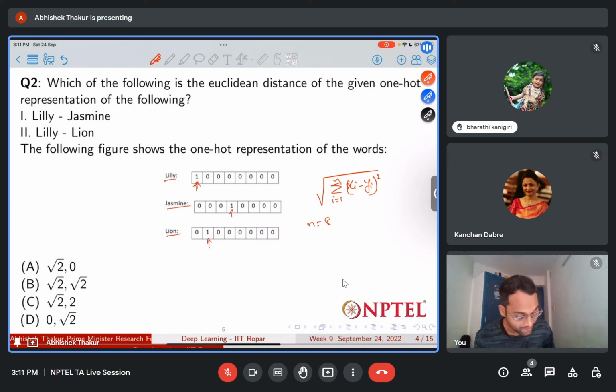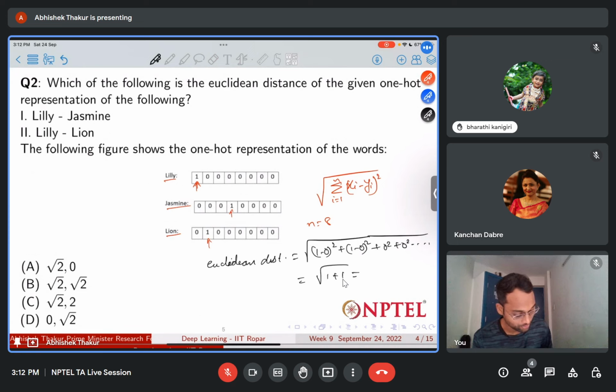So how many times will this 1 minus 0 come? Only two times. So the Euclidean distance will be the square root of 1 minus 0 squared plus 1 minus 0 squared, and all other terms will be 0 squared. This will be 1 plus 1, which is equal to root 2 for Lily as well.